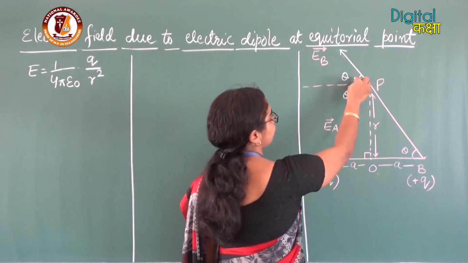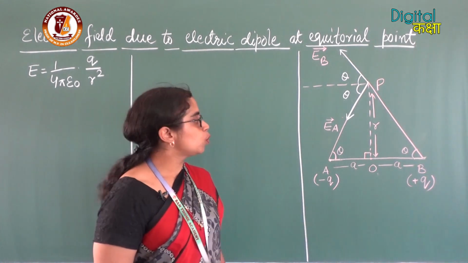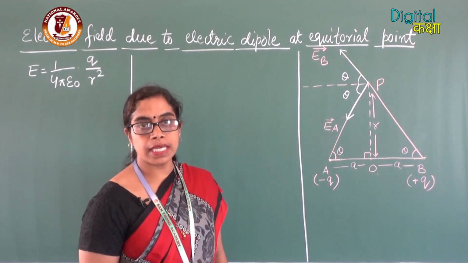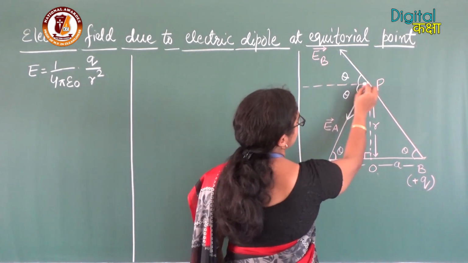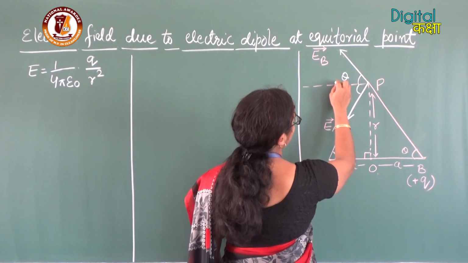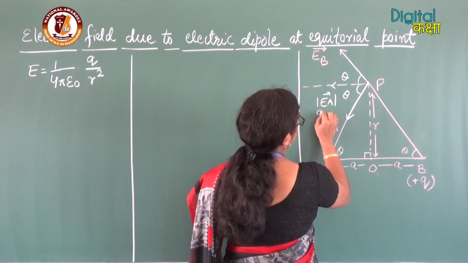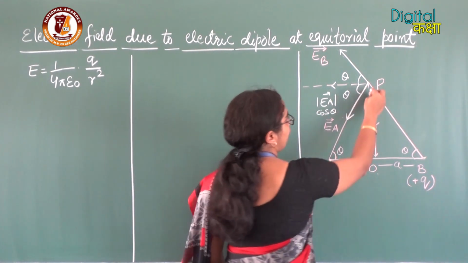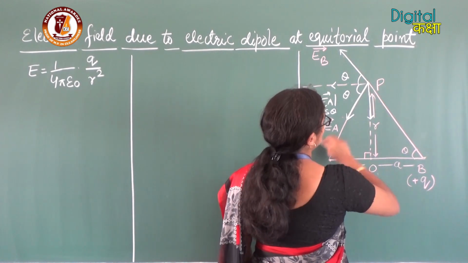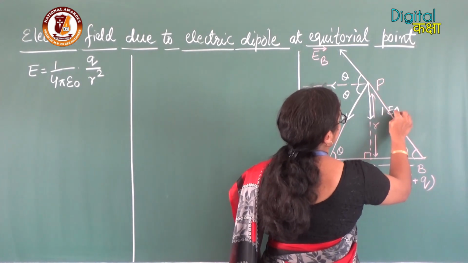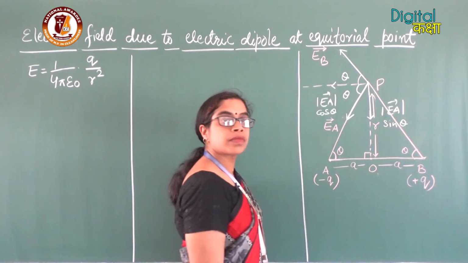Now using these values of theta, let us see how we get the components of the two vectors EA and EB. When this is vector EA, this component of EA will be EA cos theta, and along this line we will have the component EA sin theta.